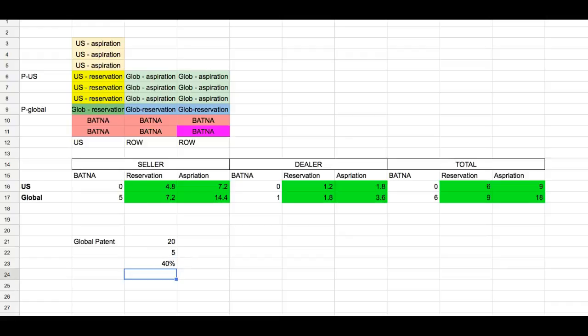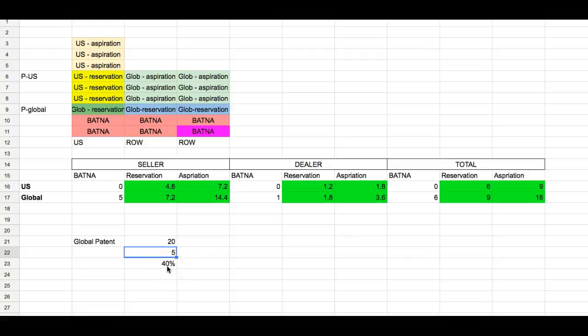You say this is what the seller gets, right? Or you can say, well, if I want to have 5, I want to have 2.5, and I want to have a profit share of 20%.